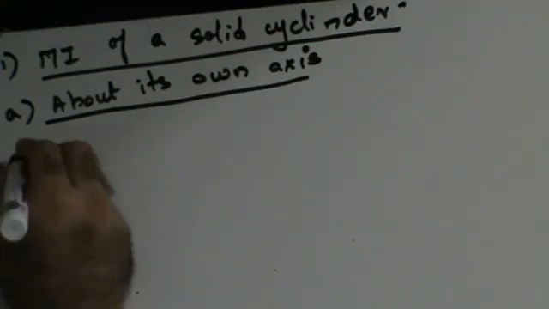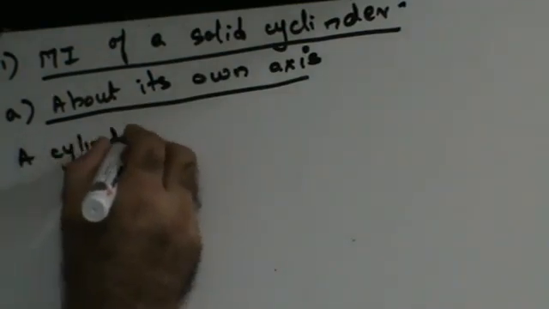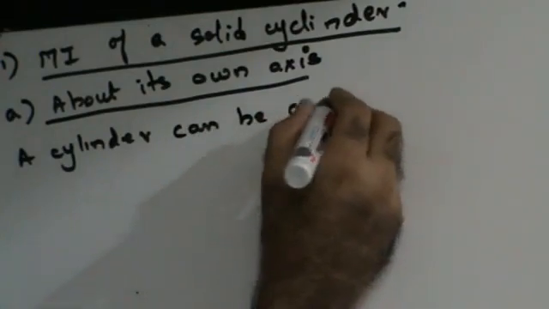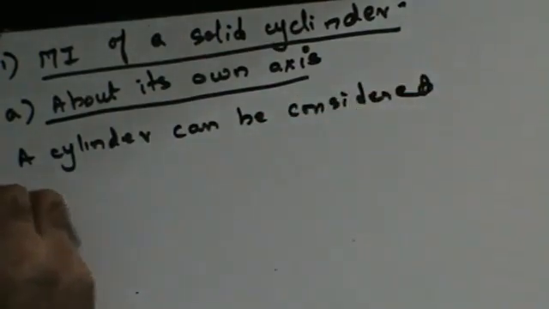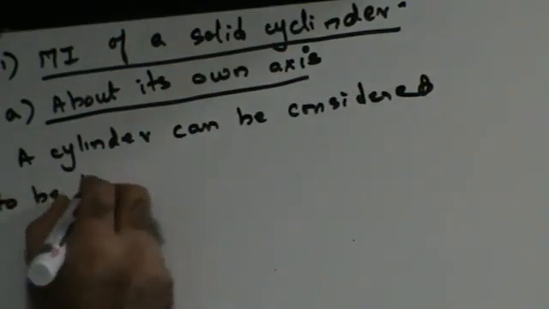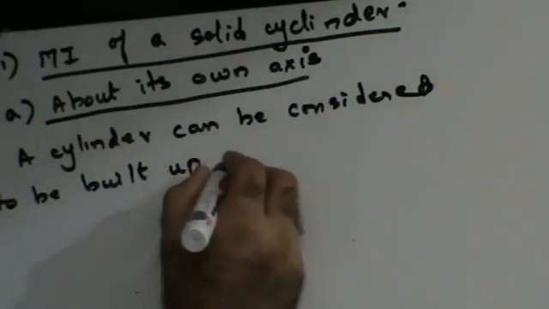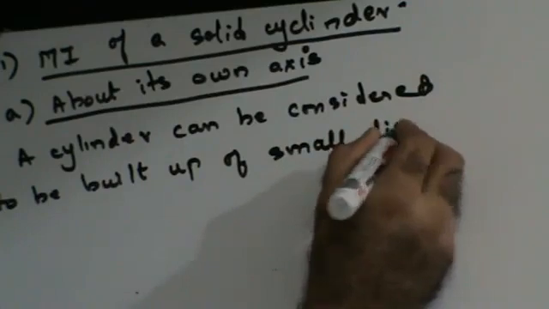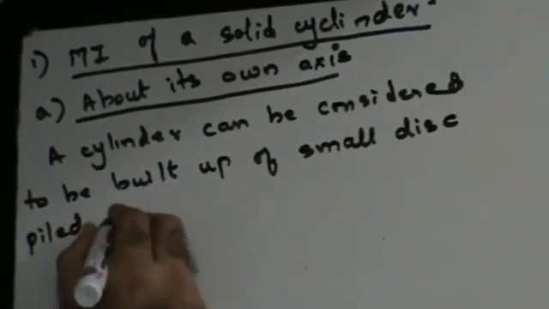the other. A cylinder can be considered to be built up of small discs piled one upon the other.